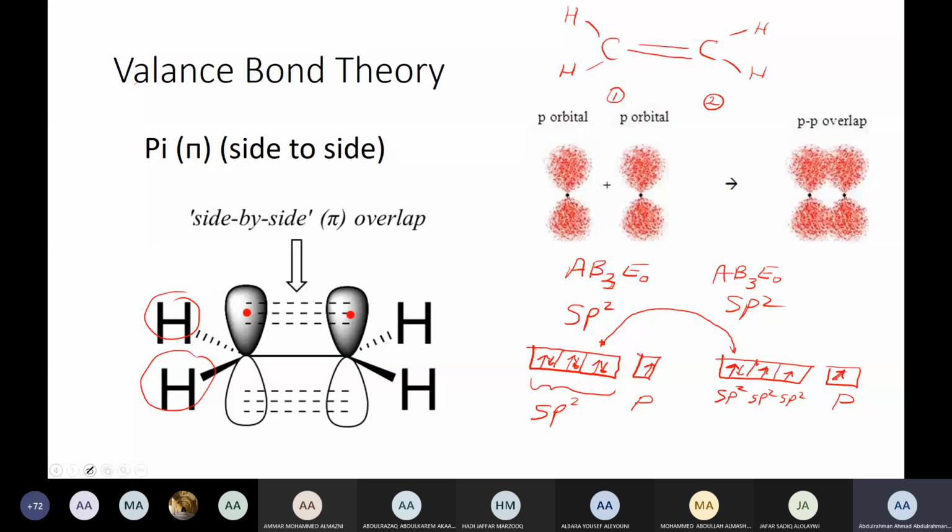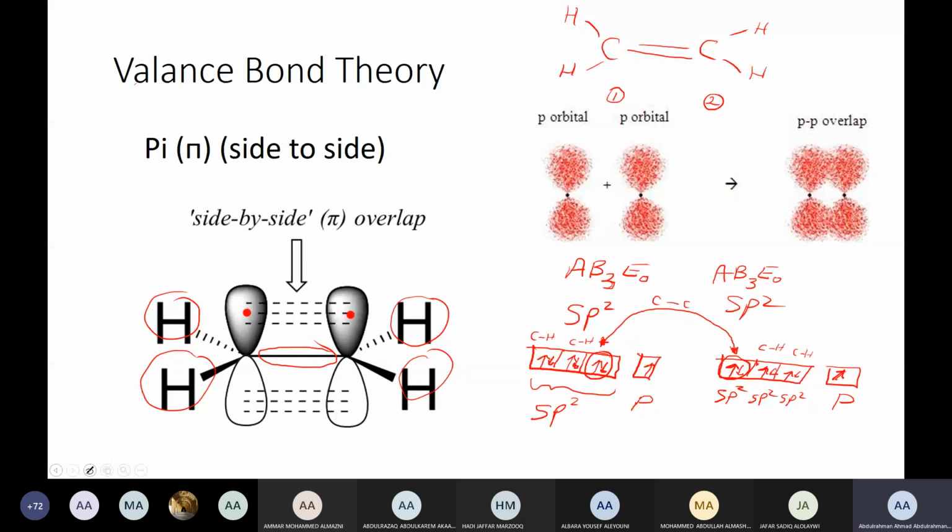These 2 electrons that I'm drawing here are making this bond. And this one is making a CH bond, and this one is also a CH bond. Same thing here. This hydrogen will give an electron here, and this hydrogen will give an electron here to make a CH bond, and this one that I'm writing here is the CC bond.